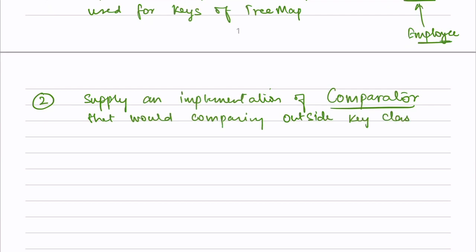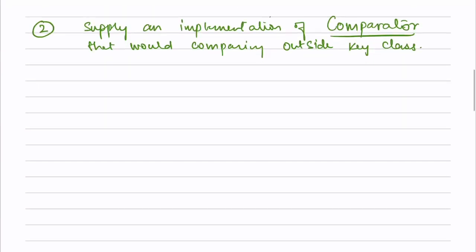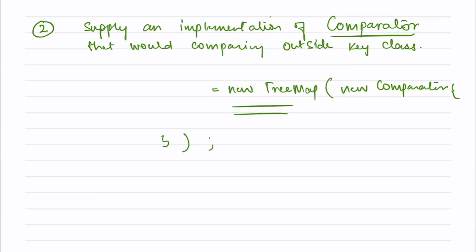When you are writing the TreeMap, you can even pass the Comparator here itself like this, and there will be an overridden method which will tell what the ordering of those keys will be. So that's how you can do it.